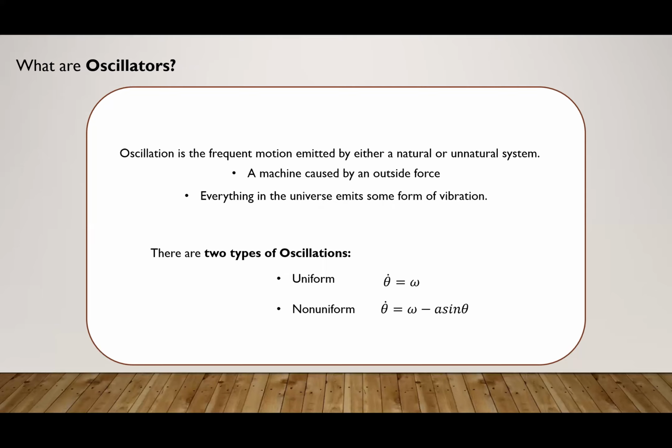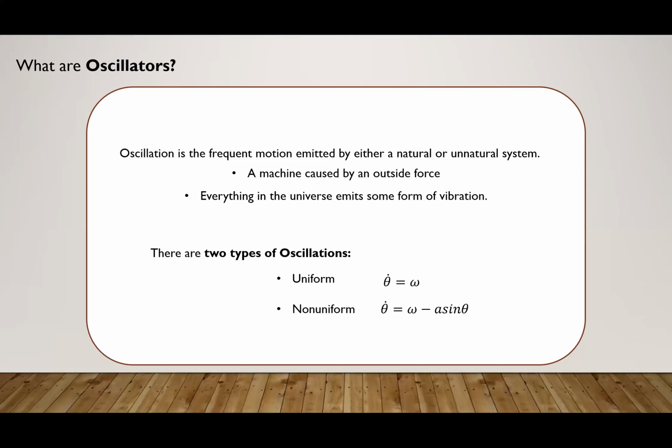Well, oscillations can be described as the frequent motion emitted by either a natural or unnatural system. Some examples are a machine vibrating by an outside force, such as the wave harvester that was shown at the beginning, or if you think about it, everything can be an example because everything has some form of natural frequency or vibration. There are two ways in which oscillations can be described, uniform or non-uniform.